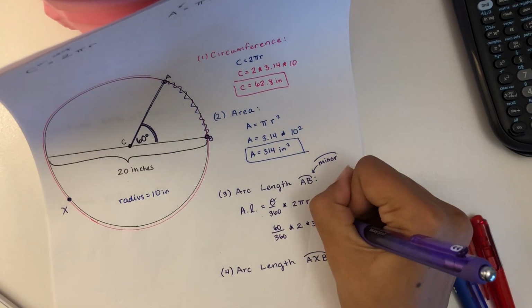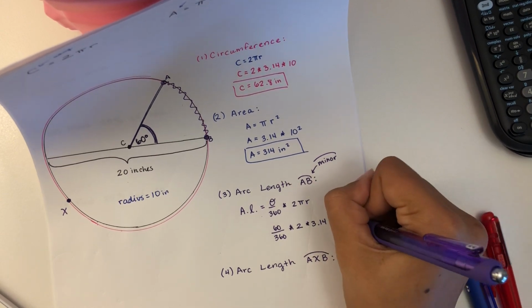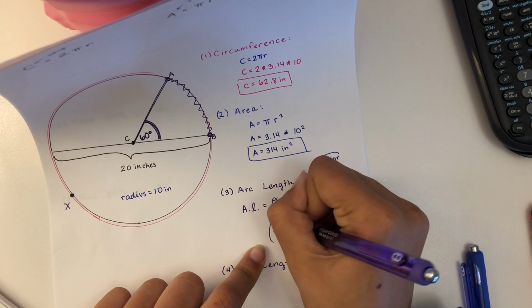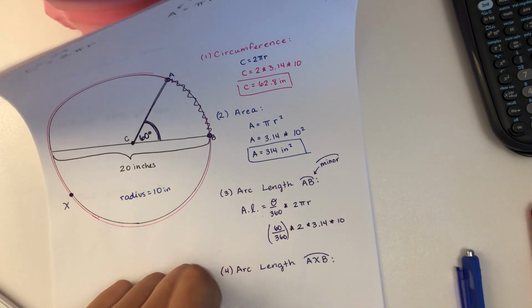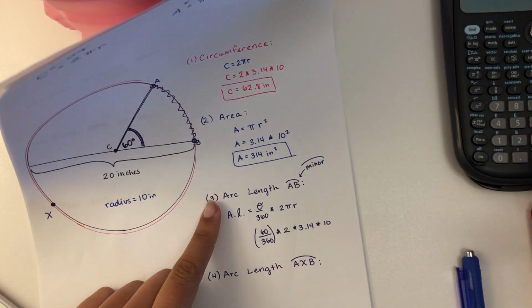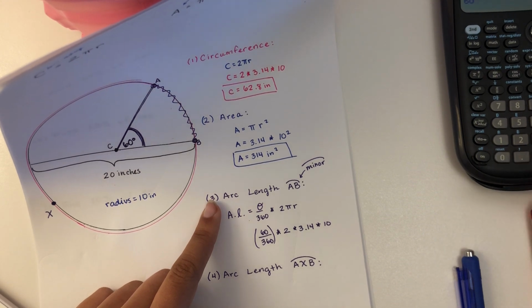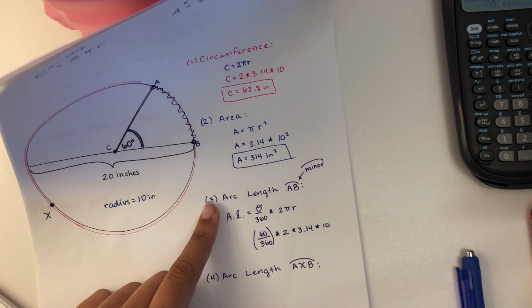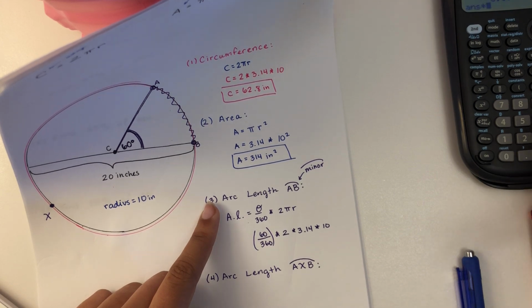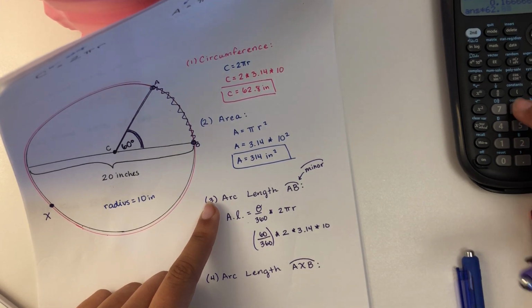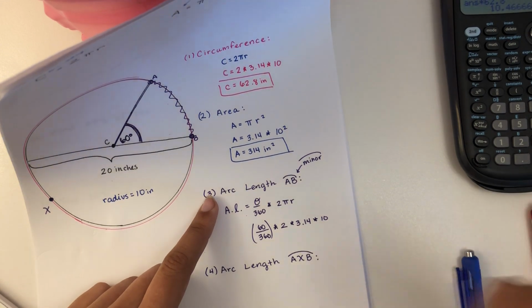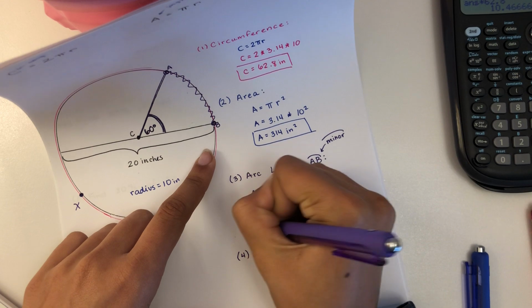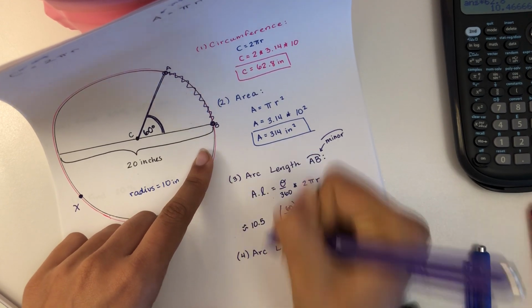Well, pi is 3.14, r is 10. If I were you, I would just be careful. Put these in parentheses if you can, or just try to do this first. All right, so you should get about 10.5.